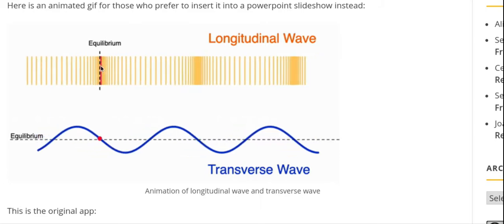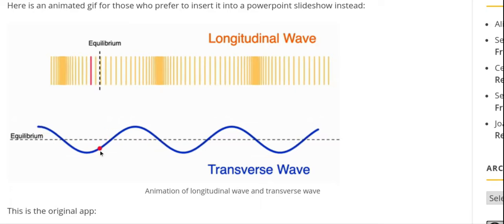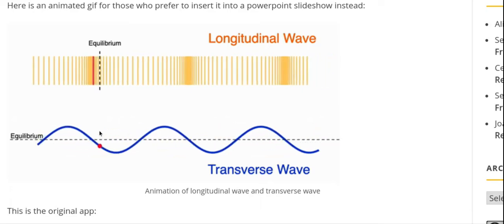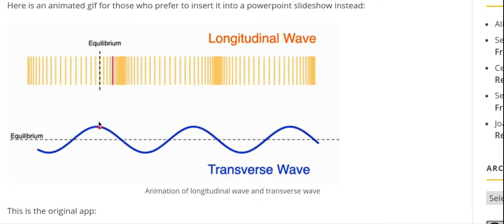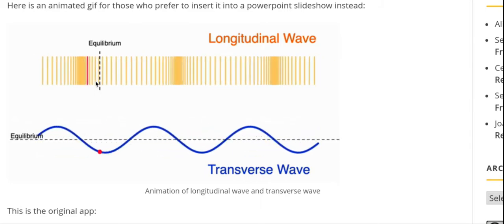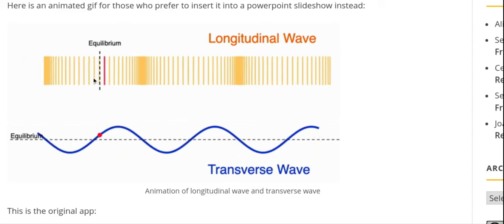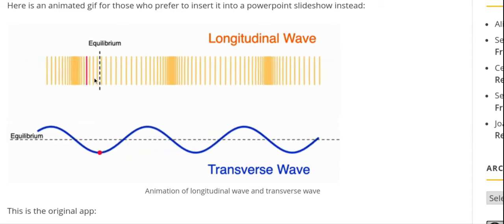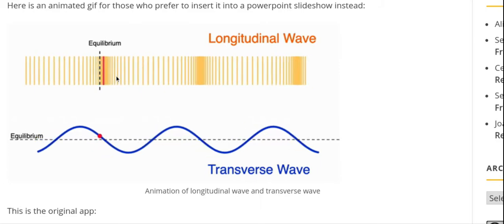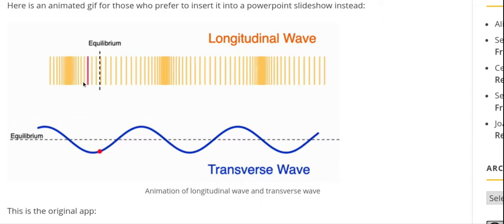Now, if I were to look at a longitudinal wave, the difference again is which direction the particle travels in respect to the wave's propagation. Here, my particle is this red line right here. The particles are moving back and forth. This is a kind of wave that also travels through a medium, a mechanical wave.